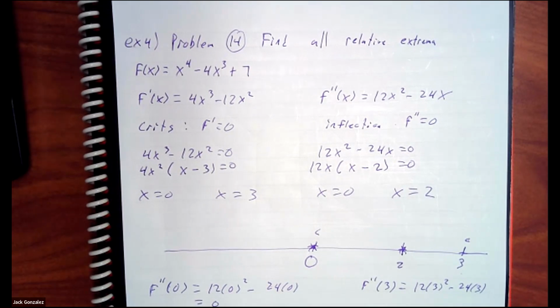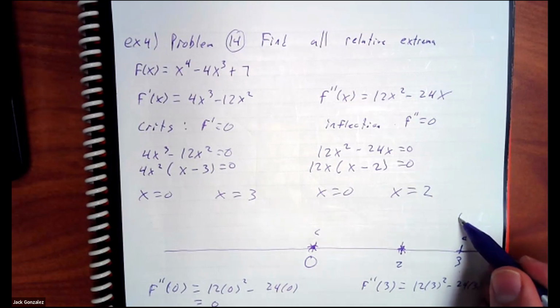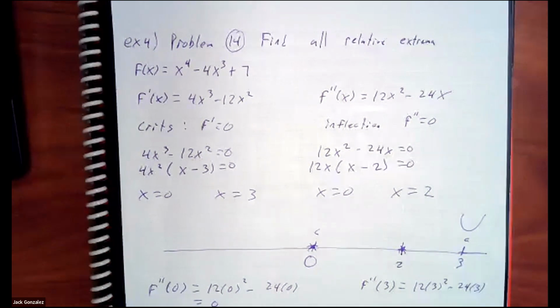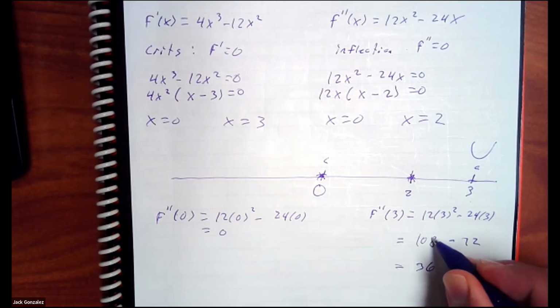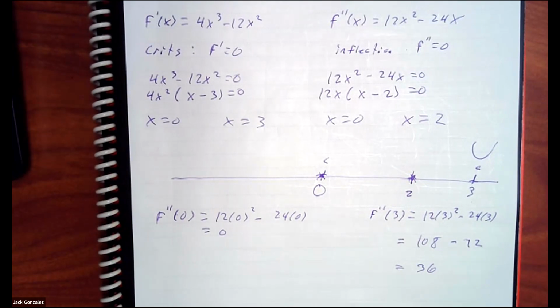So that means we are concave up, right? Sorry, 36 is the total.